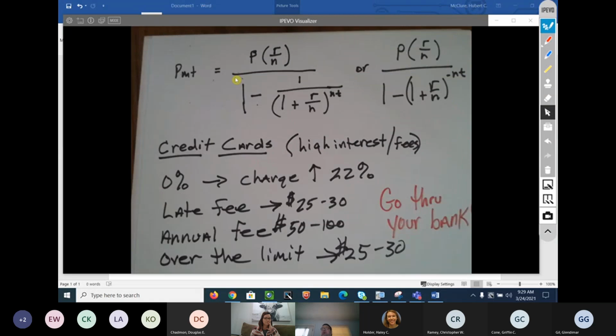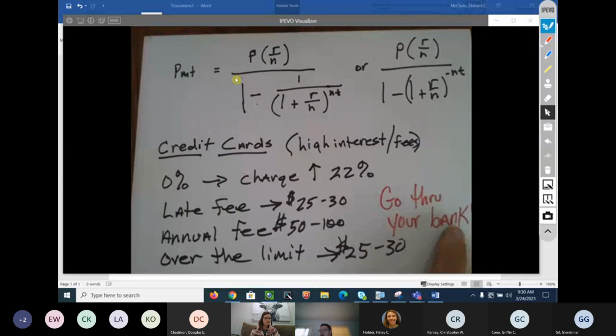If you're going to get an emergency credit card, and I'm talking about the one that pays for a flat tire, or the one that pays for a hotel when you're snowed in, or the one that pays for your car when it breaks down, or the one that pays for your towing bill, go through your bank, because your bank is going to look out for you as much as possible. And they're going to tell you the best one to put in for.